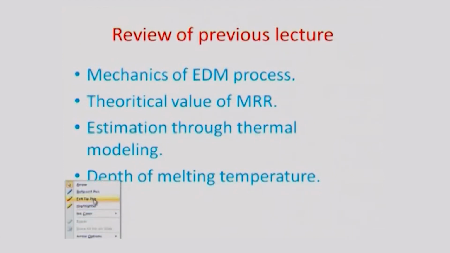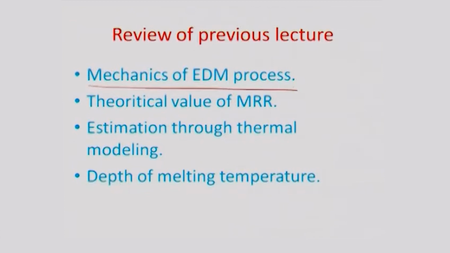For the sake of repetition, this is all about the formulation of a spark between the tool electrode and the work material. The tool electrode is the cathode and the work material is the anode, and there is always a field in between, created because of a voltage gradient, with a dielectric medium in between.